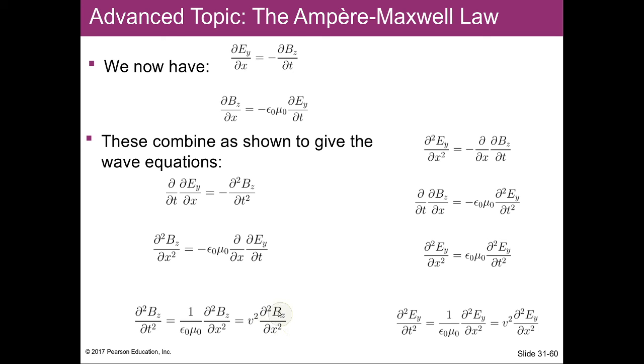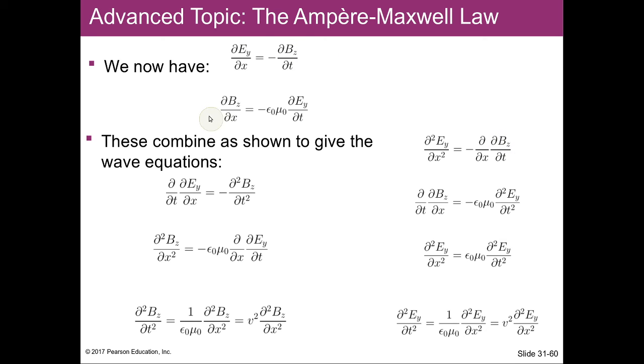So the magnetic field oscillates like a wave, and we can do the same for the electric field. So starting again with my first equation from Faraday's law and taking a derivative with respect to position now, I get d squared Ey by dx squared, and that's the derivative with respect to time and position of the magnetic field.